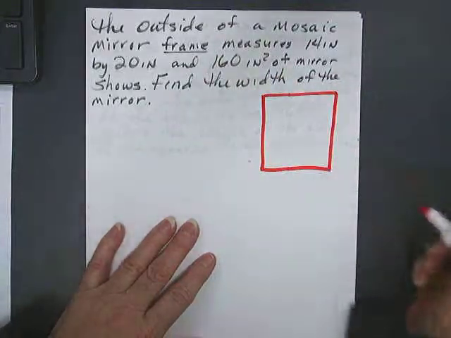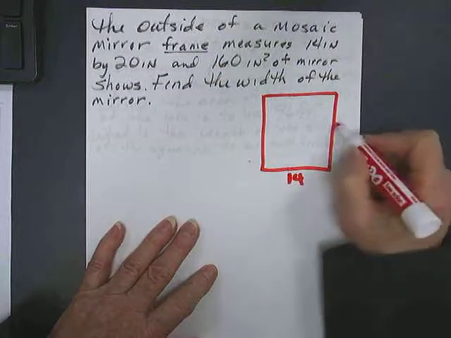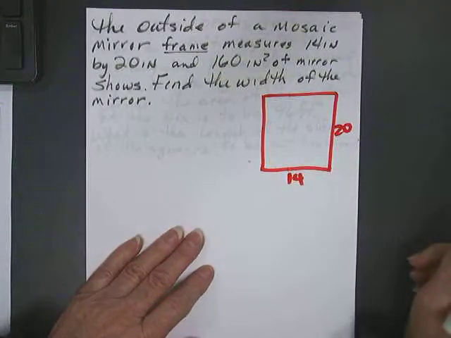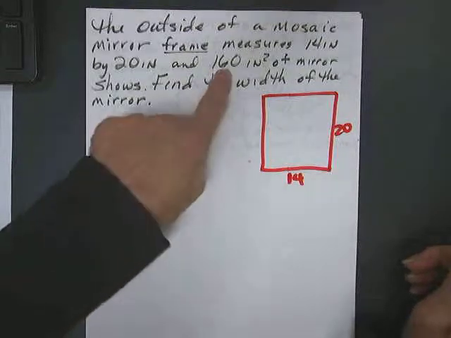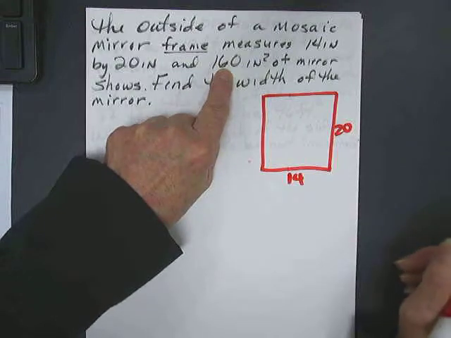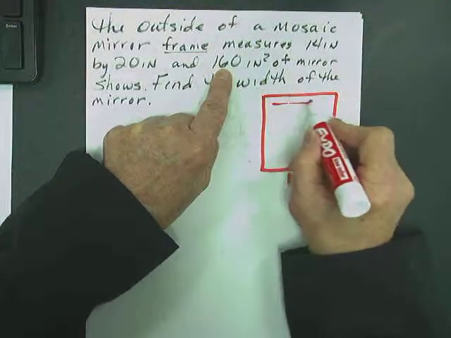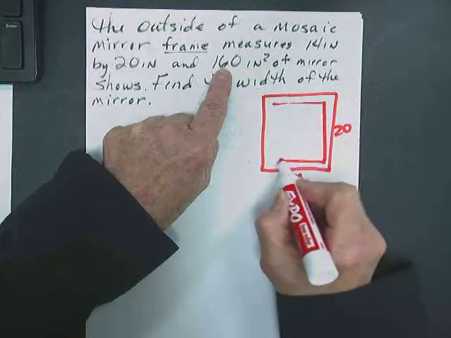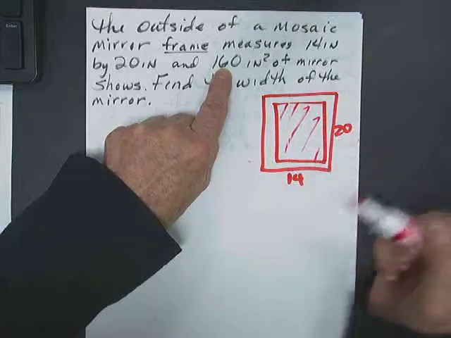Okay, the outside of a mosaic mirror frame. So you have this frame around a mirror. The outside of the frame is 14 by 20, and this much area of the mirror shows.